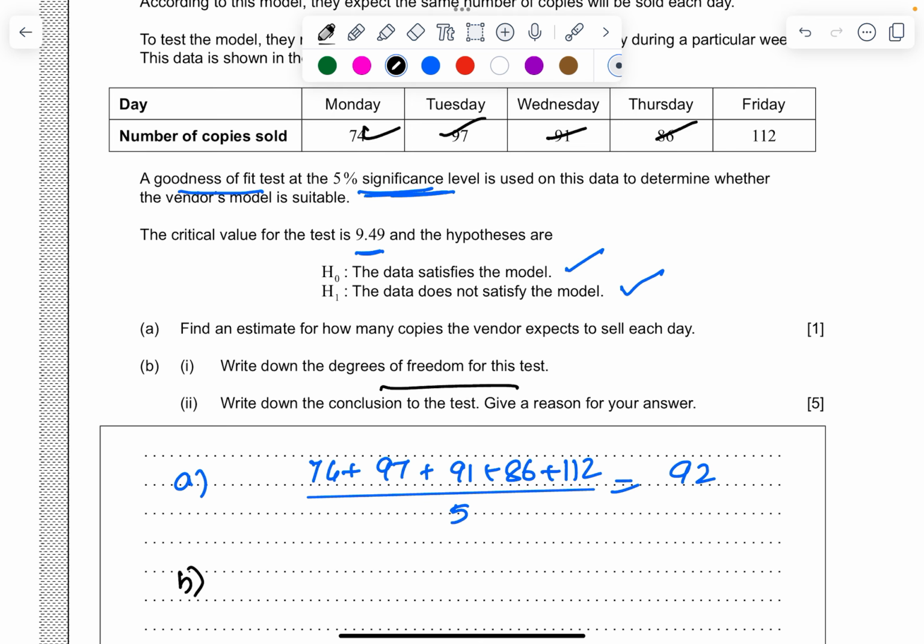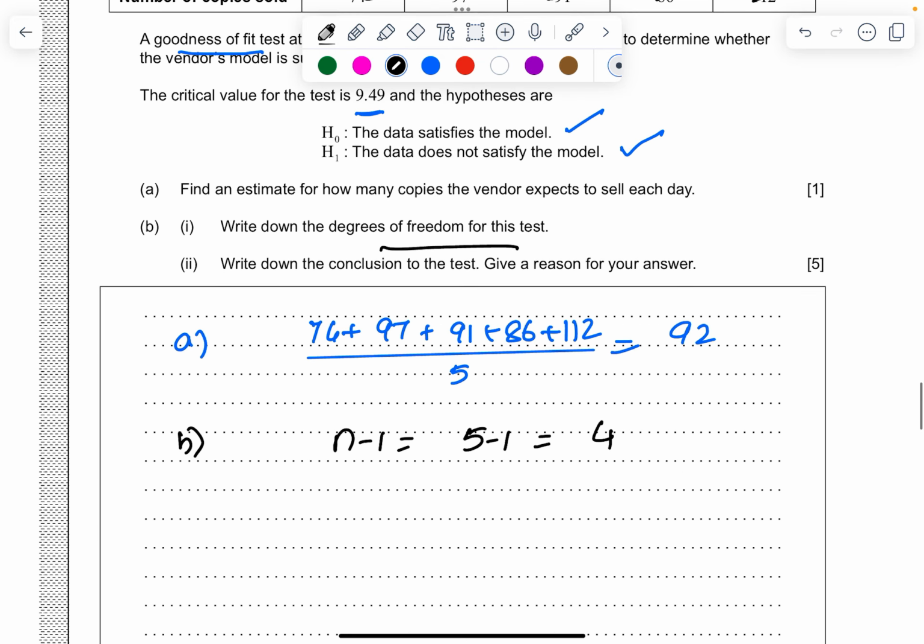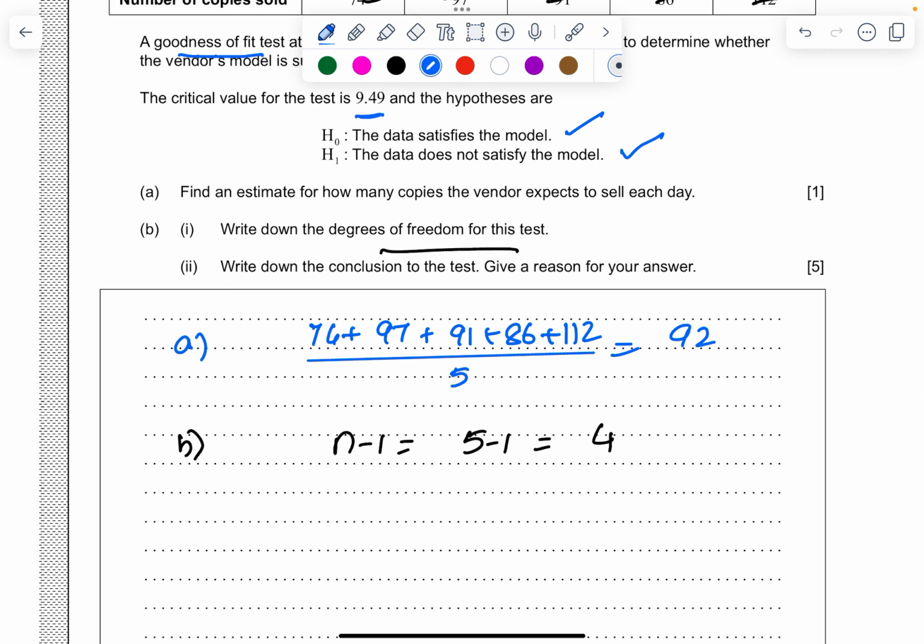Then part B, write down the degrees of freedom. There are 5 days, right? So degrees of freedom will be n minus 1, 5 minus 1, 4. Then write down the conclusion of the test, and give the reason for your answer. I am going to calculate the chi-square value from the calculator. Enter the data and calculate the chi-square value, which is going to be 8.54.